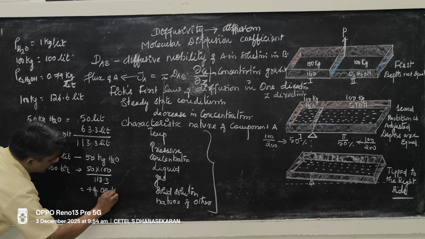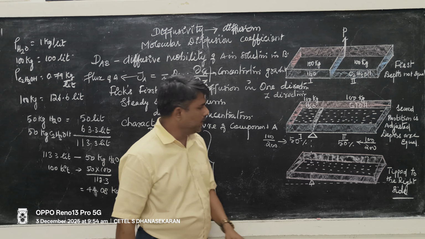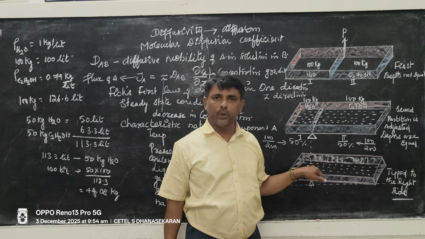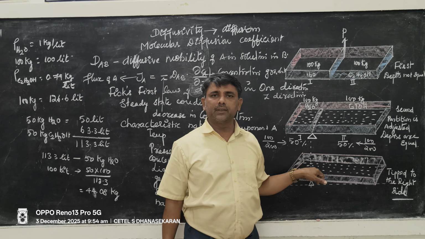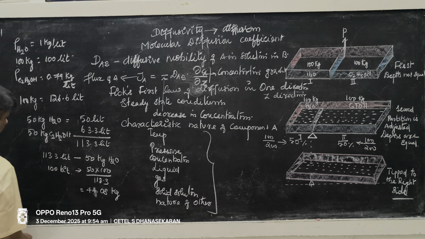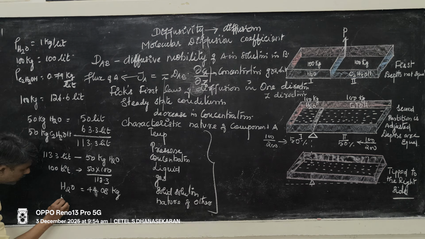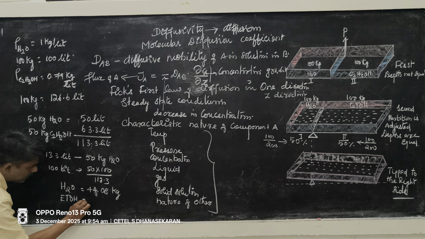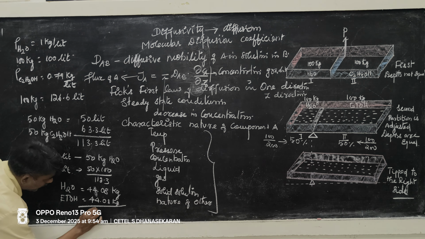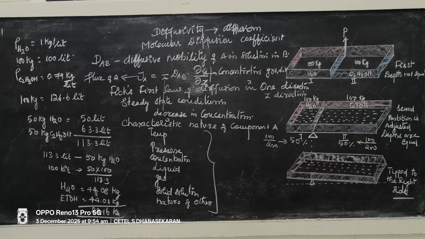44.08 kg. So after the diffusion is over, this side contains only 44.08 kg of water along with 44.08 kg of ethanol. So 88.16 kg in the left hand side.